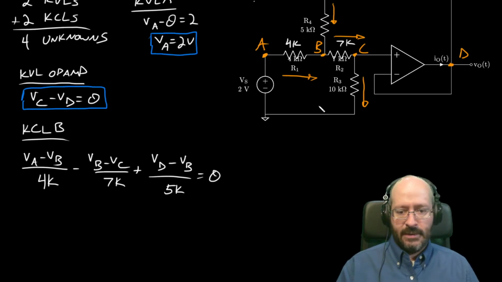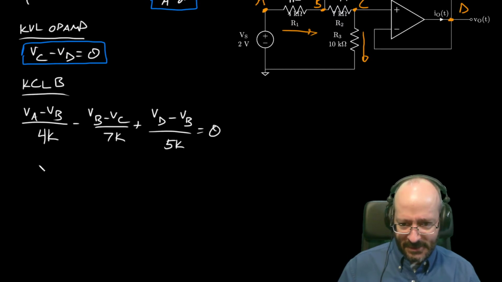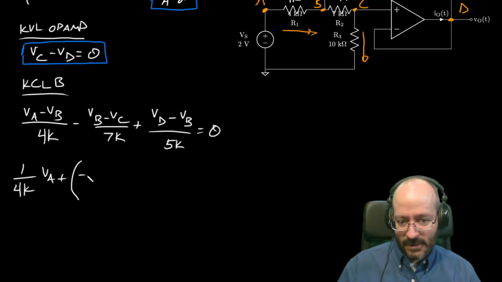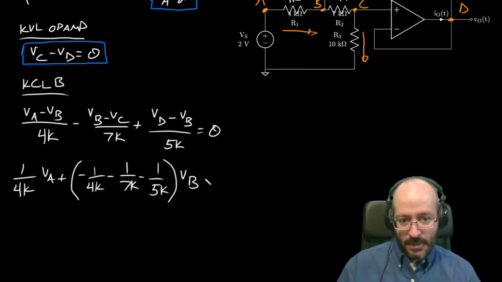Okay, a little bit of algebra on that one. I might even let the calculator chew on it a good amount and spit out the answer, right? Negative 1 over 4K, negative 1 over 7K, negative 1 over 5K, VB. Let's see, where's VC?